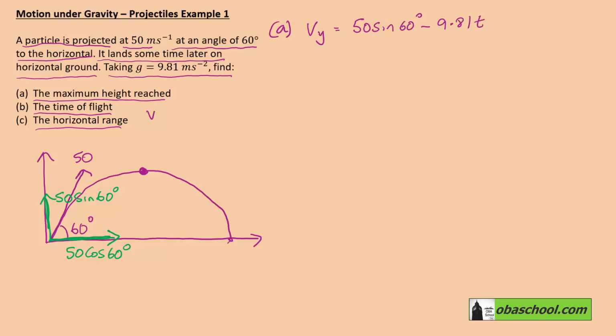I'm just using there v equals u plus at, and of course, although I should have put it on the diagram, I didn't. The acceleration due to gravity is 9.81, and since I took this as being positive in the formula, this is acting downwards, so it has to be negative in the formula.